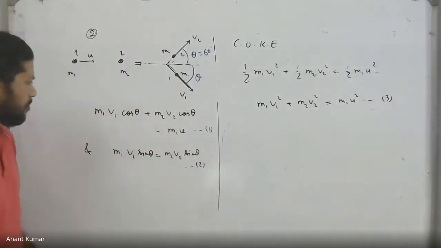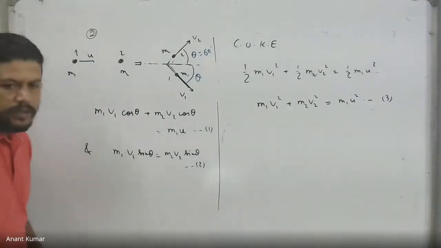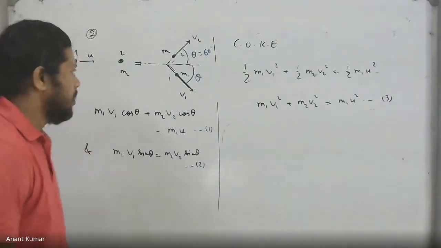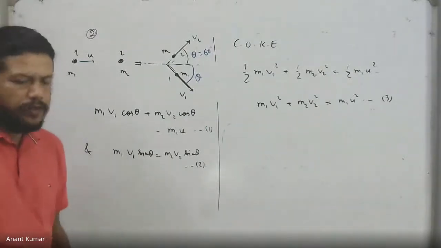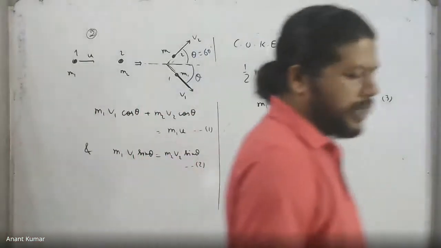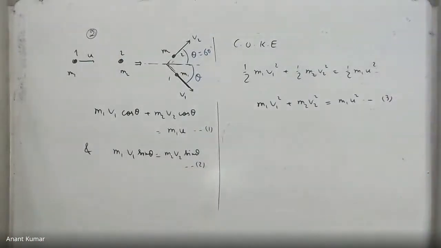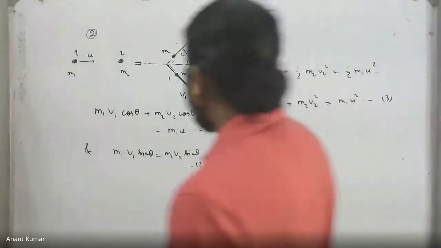From these three equations, we need to determine m1 by m2 actually. So for that case, I need to eliminate v1 and v2 from these equations. So what I can do, for example, I can just put theta equal to 60 degrees for the moment, and the first equation simplifies. If I put theta equal to 60 degrees, I get this to be half.